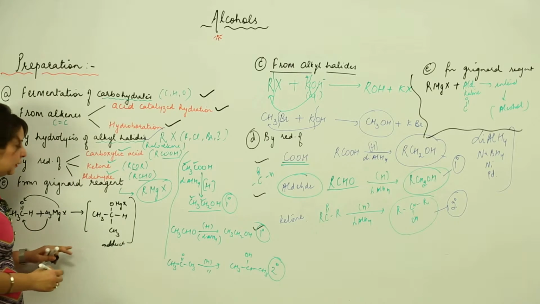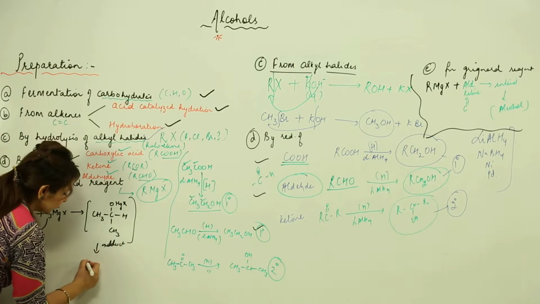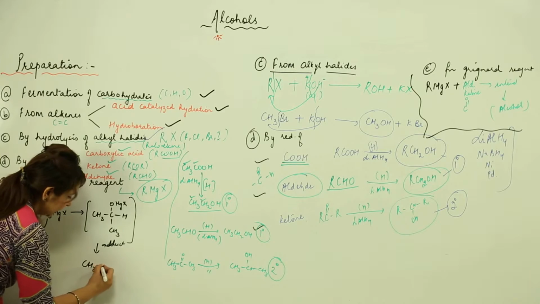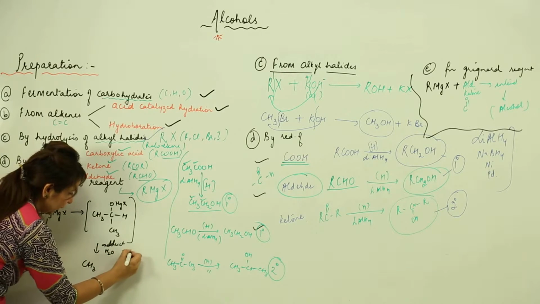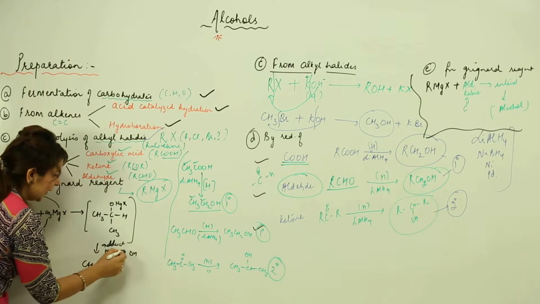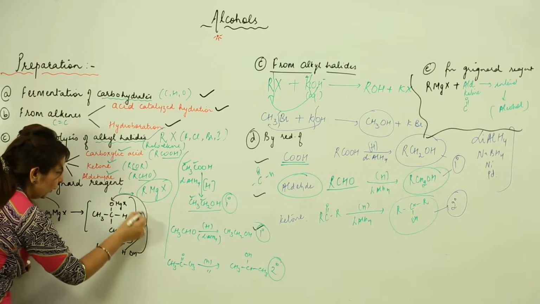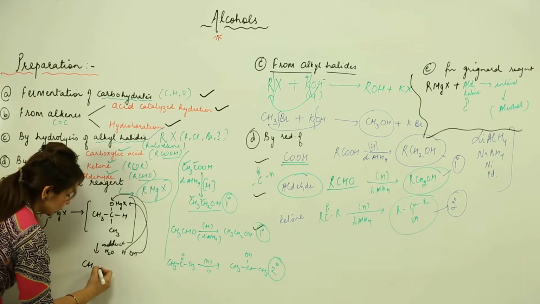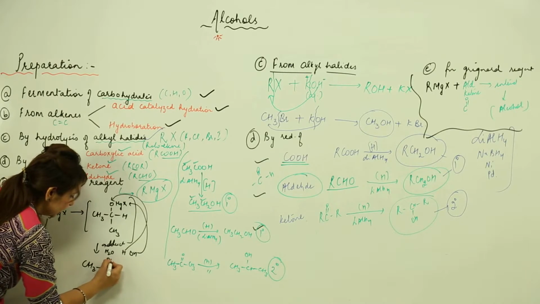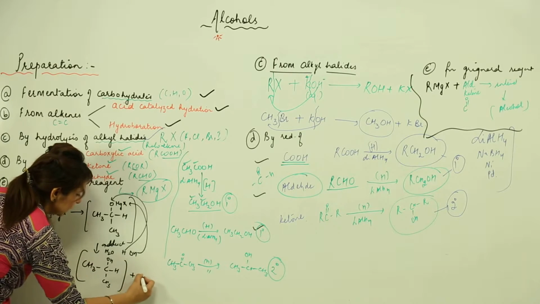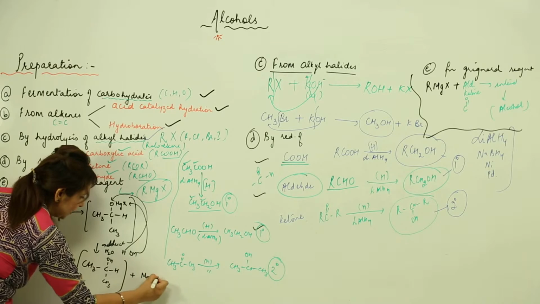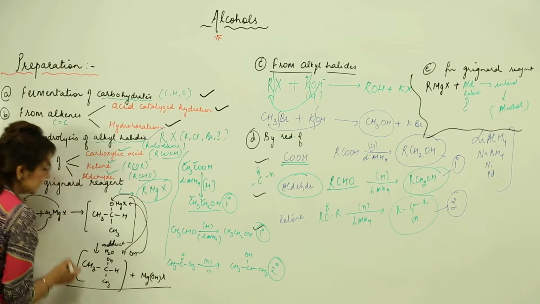It is actually unstable. So what is it going to form? It is going to form CH3. We are going to add water here, and we know that water is H and OH. So this H is going to attach here and to OH, MgOH is going to attach. So what do we get? We get CH3CHOHCH3 plus MgOHX.